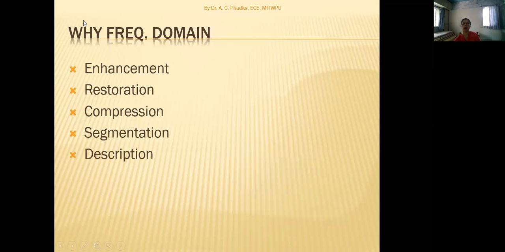Okay, now why transform images to frequency domain? Basically, whenever we want to enhance the image as per the frequency contents, this frequency domain is very useful.